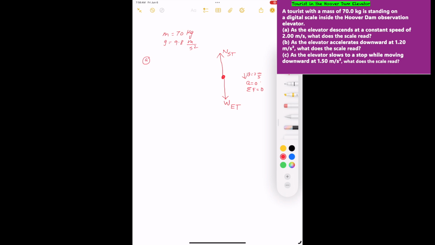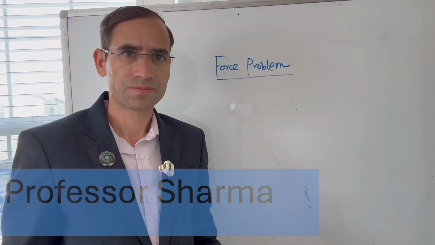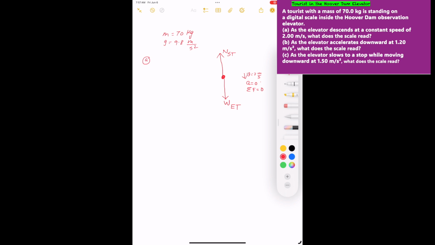You can see here the normal force exerted by the scale on the tourist is upward, that is N_ST. So the weight of that tourist must be equal to the normal force acting here. The net force is zero in this case.